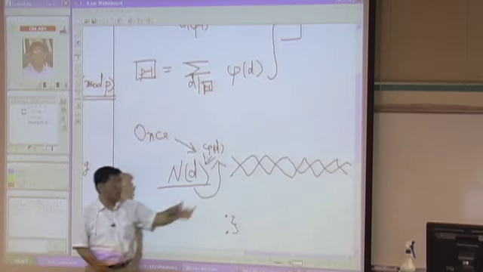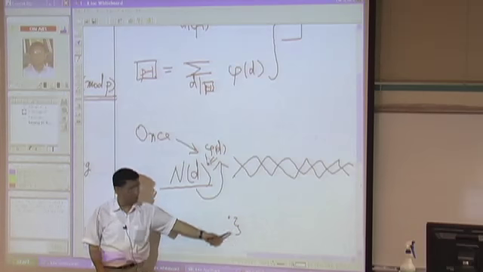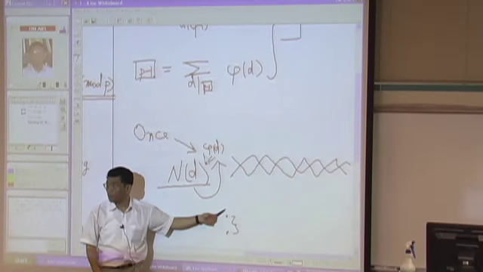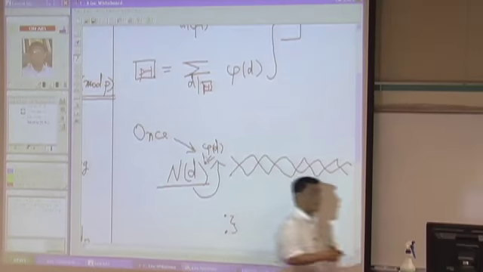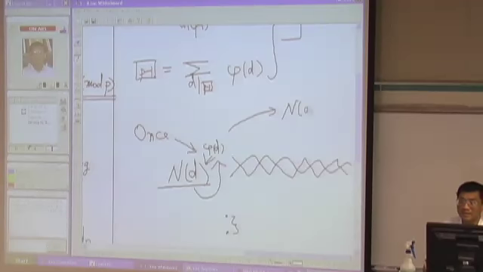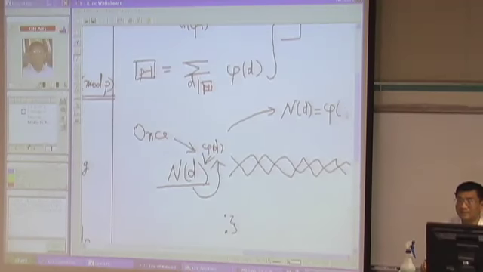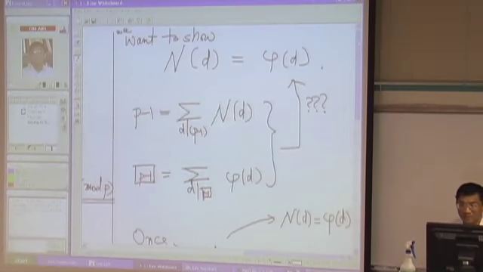Once there is a strict difference, it's impossible to catch up. n of d cannot catch up. So once I prove this, it means n of d is in fact the same as phi of d, which is the desired result that we claimed here, right?